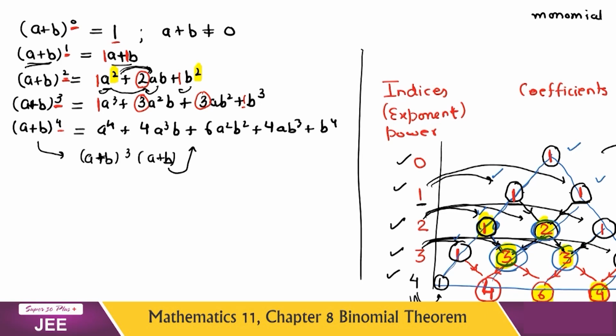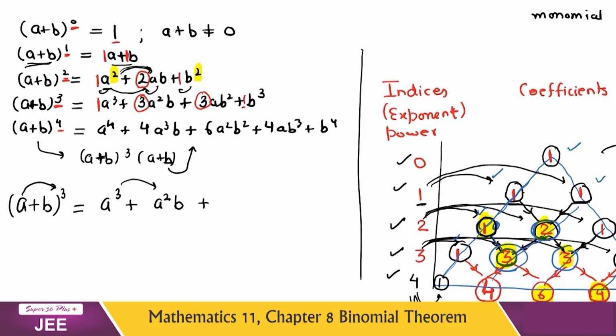Alright. Similarly in (a plus b) whole raised to the power 3, here we had a cube. Let me write it down. (a plus b) whole raised to the power 3. The first term is a cube because a will have the highest power, 3, and in the next term the power of a will decrease and become a square and the power of b will be introduced.